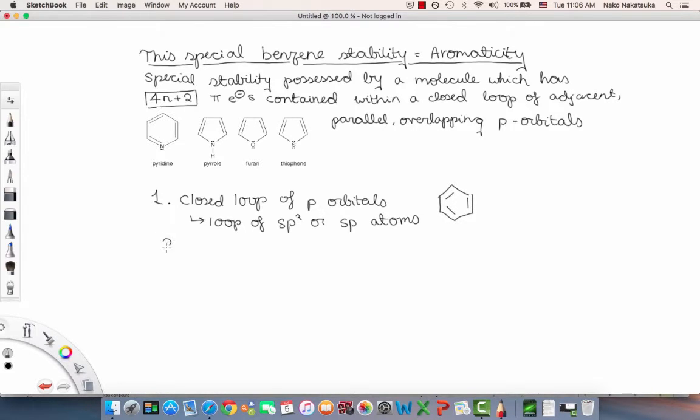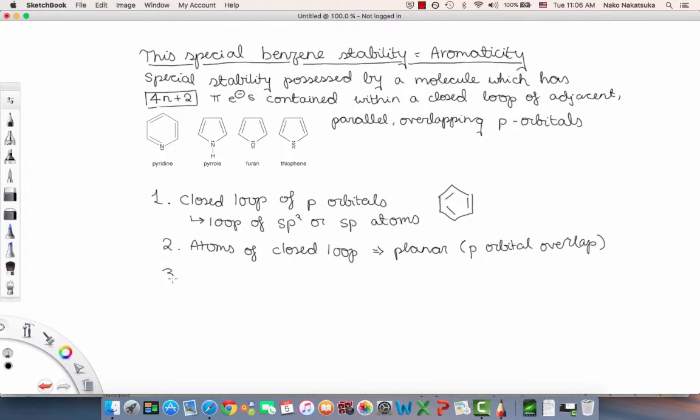The second requirement is that the atoms of the closed loop must be planar, so that you have the p orbital overlap. And to override planarity and aromaticity, strain must be severe.